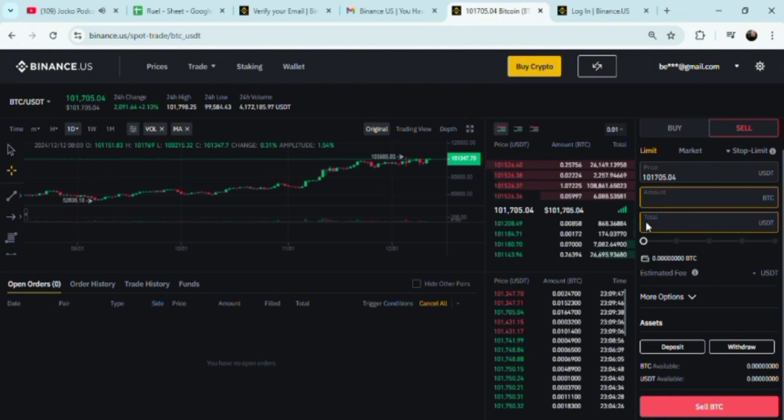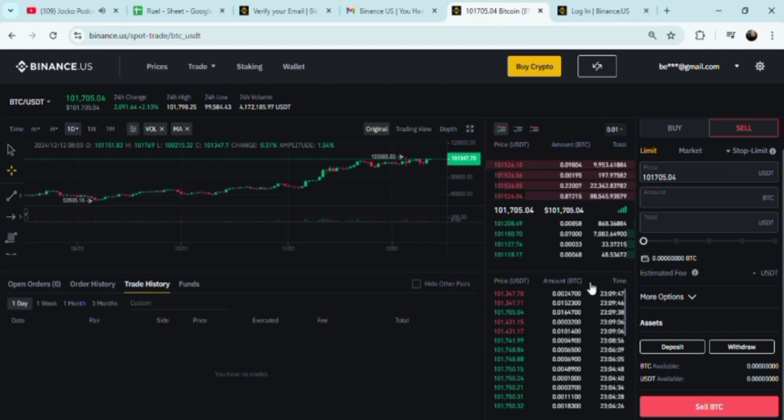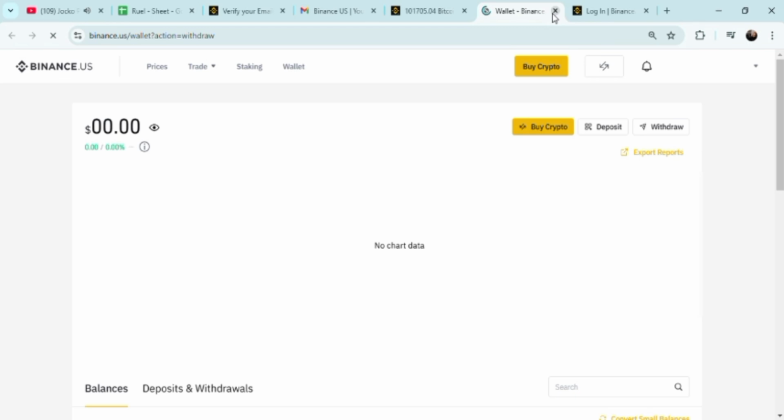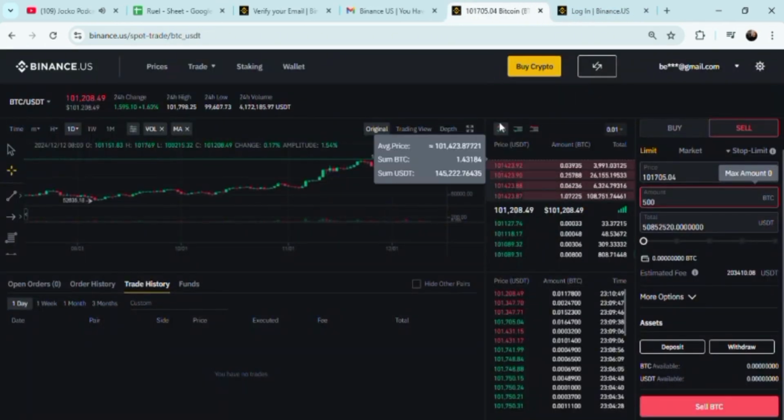So practice with the Binance Lite app. Use Binance Lite if you're new. I really recommend it. It simplifies the process of buying and selling cryptocurrencies compared to the Pro version. And you could also get this on mobile. I believe there's a Pro version on the PC as well.